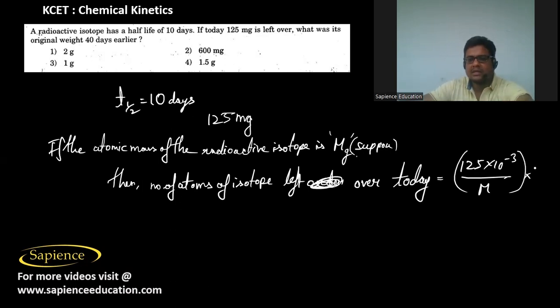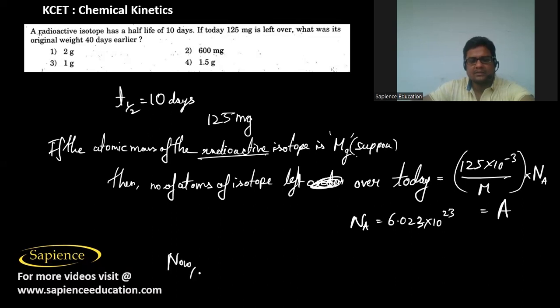So this into the Avogadro number, where Na is the Avogadro number, which is 6.0223 into 10 power 23. So now this I can take as A. Now, as we know, radioactive decay is a first order reaction.